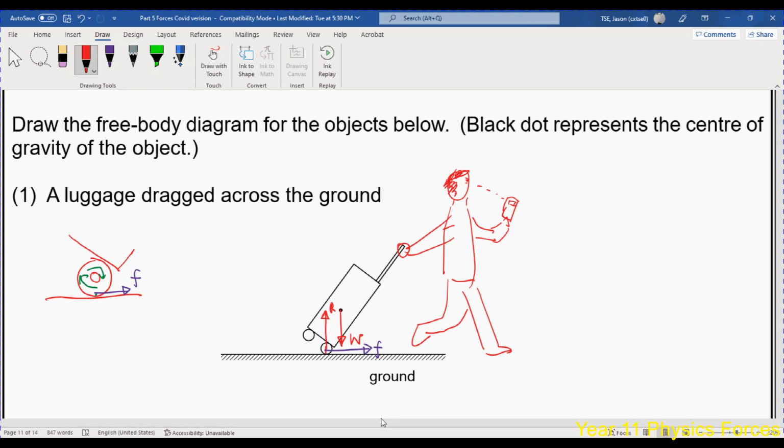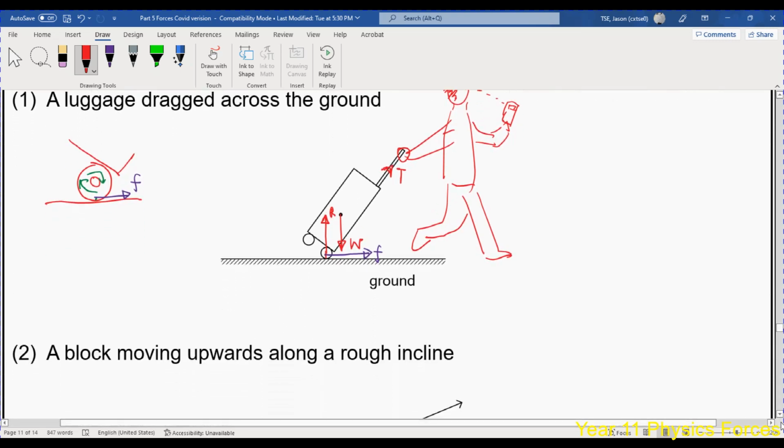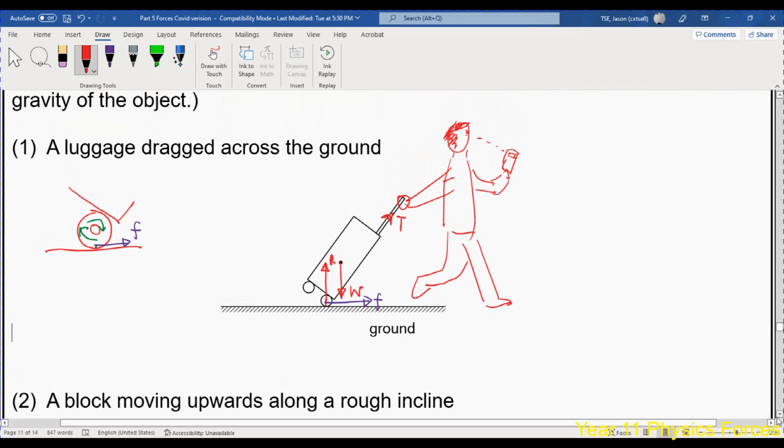All right, and there must be another force acting on that bar he's dragging, and we would say that's a tension here. That's it.